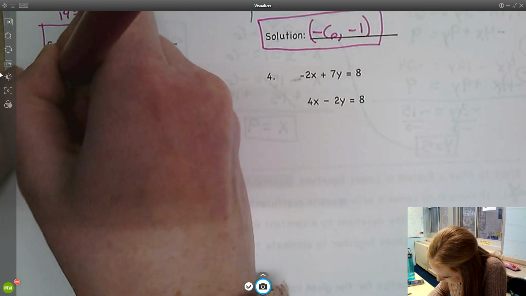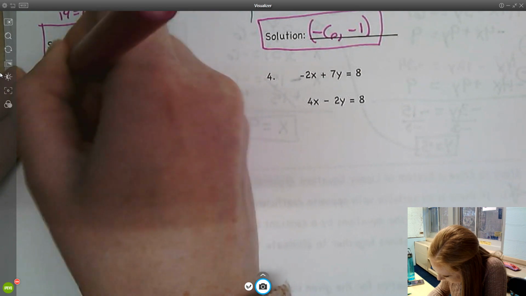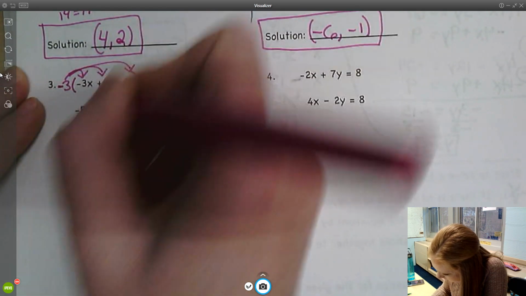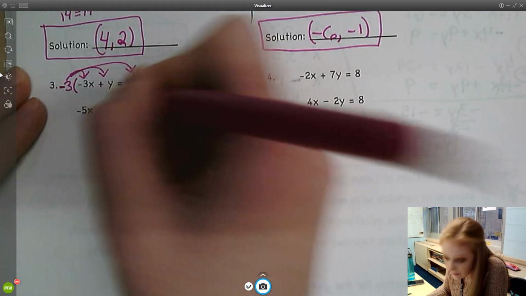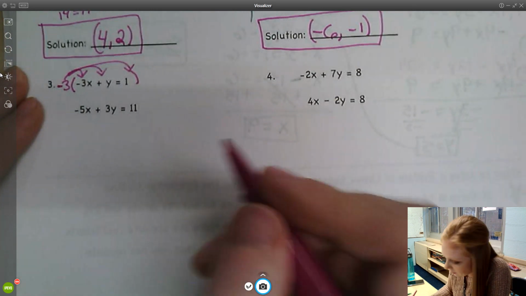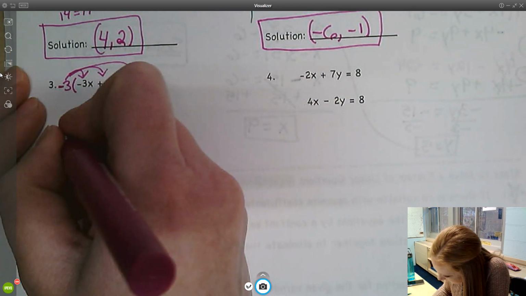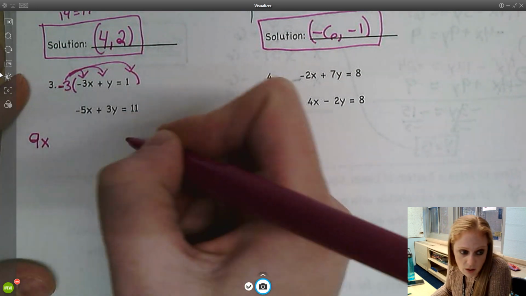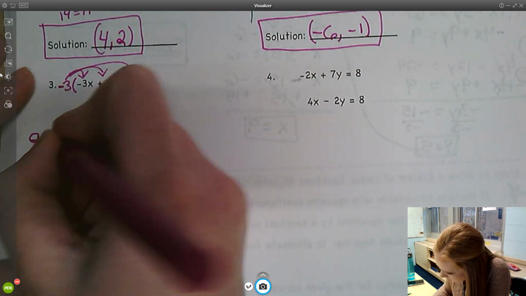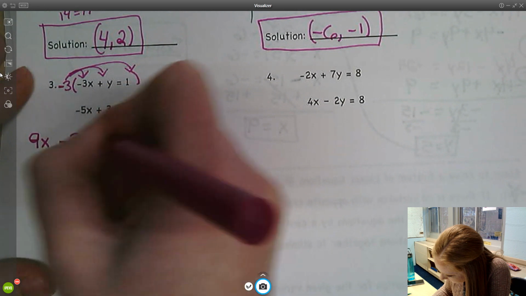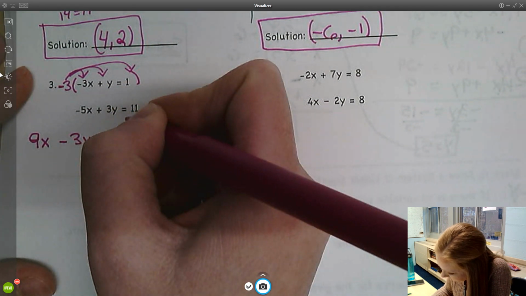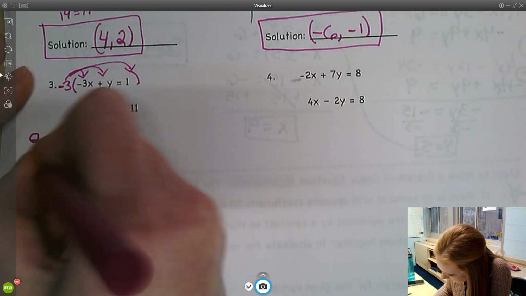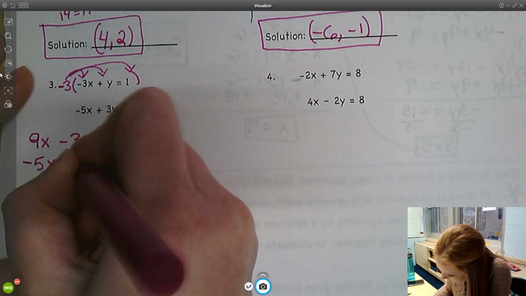So I'm going to have to multiply everything in my first equation by negative 3. And then we'll have a negative 3y that will cancel with our positive 3y. So negative 3 times negative 3x is going to give me positive 9x minus 3y equals negative 3. And then I'm just going to rewrite my other equation.